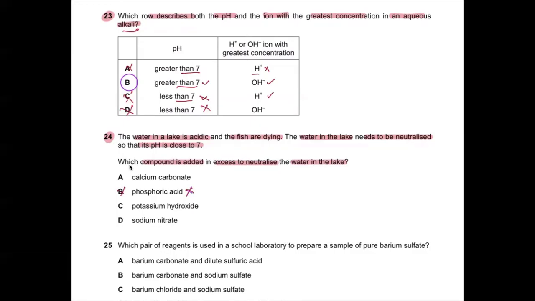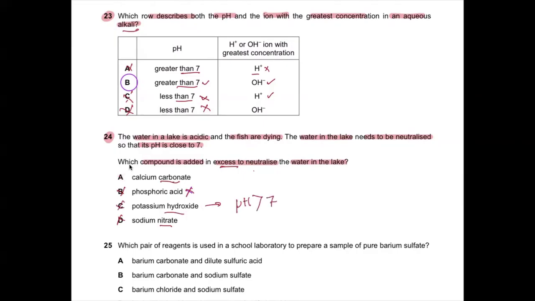Which compound is added in excess to neutralize the water in the lake? Nitrate is just a salt. Carbonate is also a salt. So only we can add potassium hydroxide. But adding excess potassium hydroxide makes the pH greater than 7, so we can't use it.